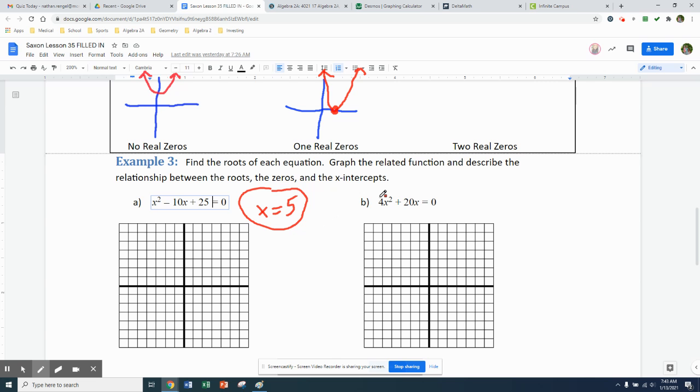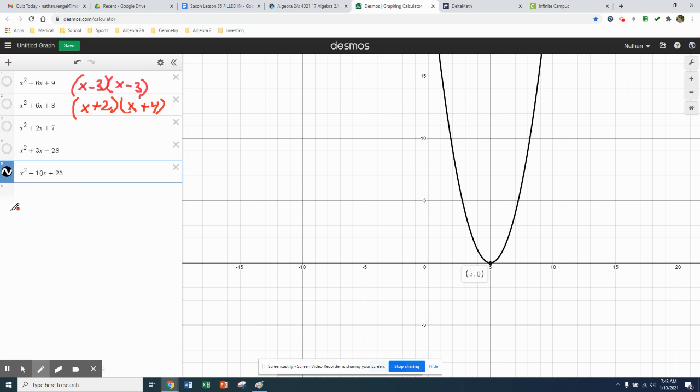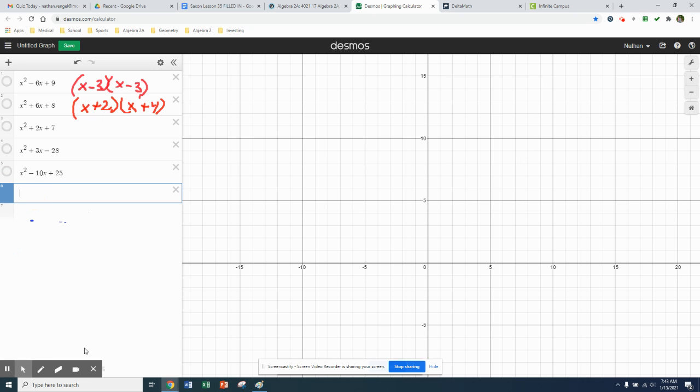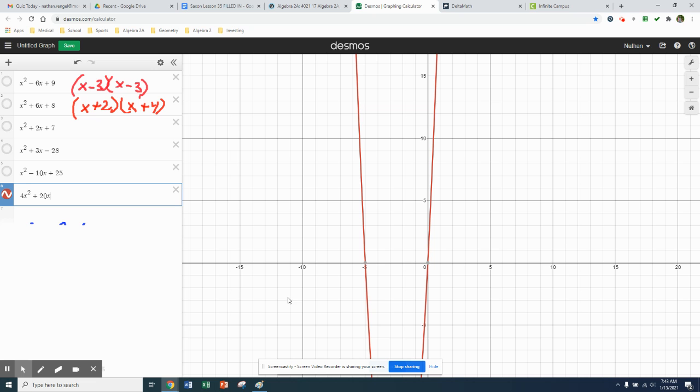So I encourage you to use graphing technology. Find out what that 0 is. Next, we have 4x squared plus 20x. So we'll head to Desmos. We'll put that one in as well. 4x squared plus 20x. And there it is.